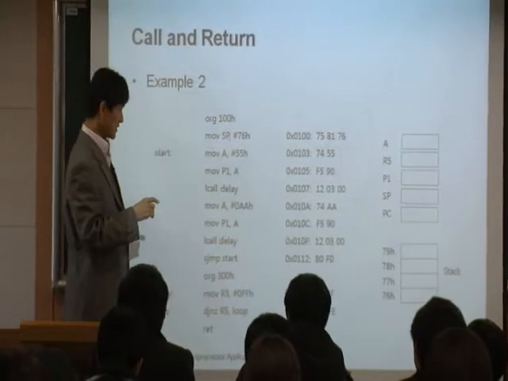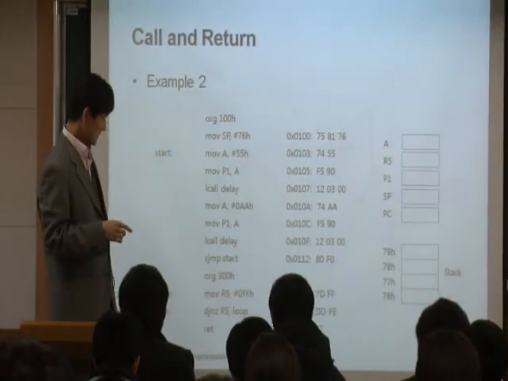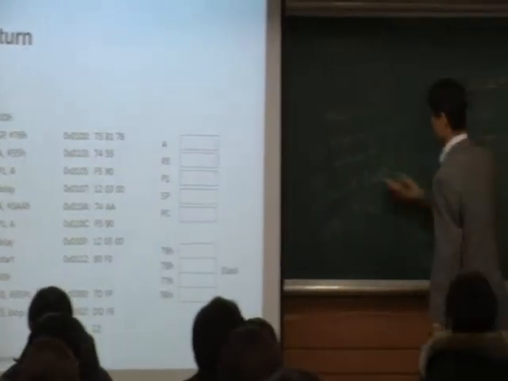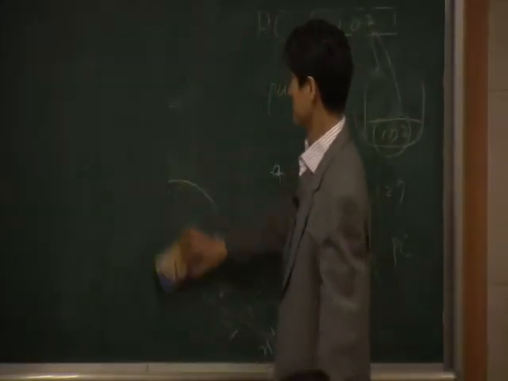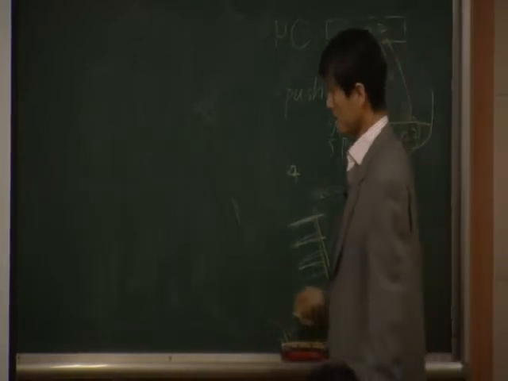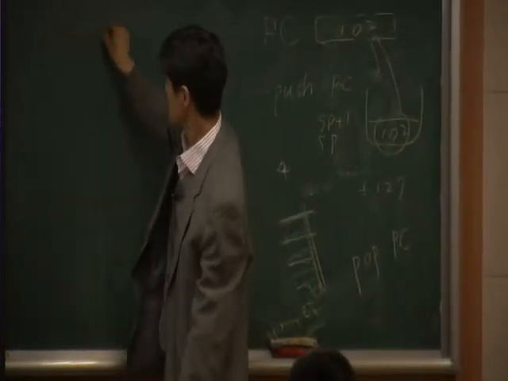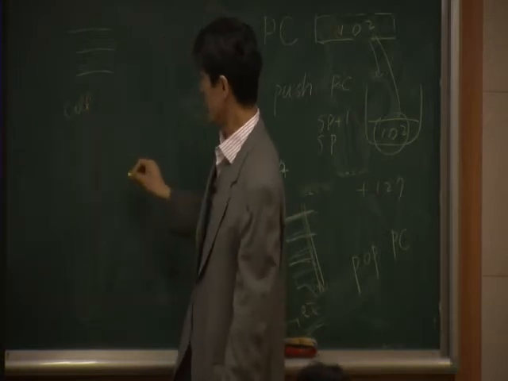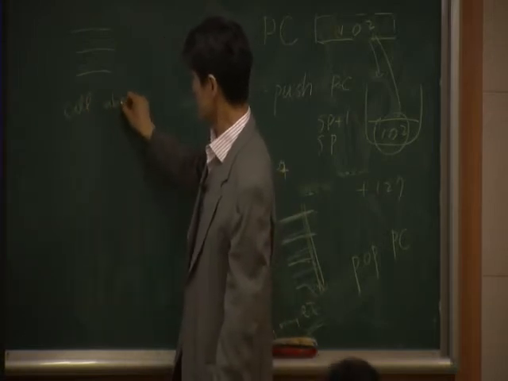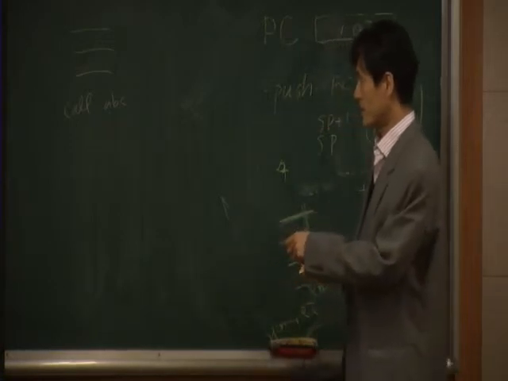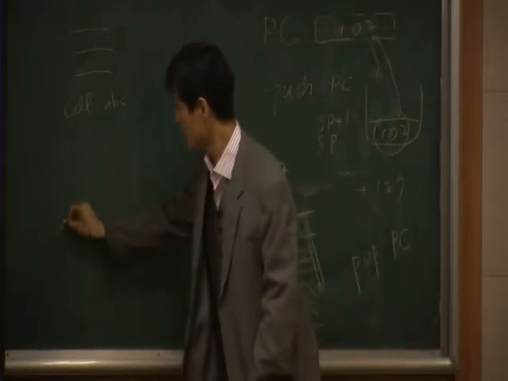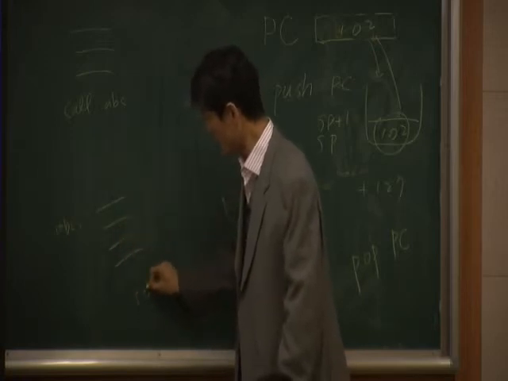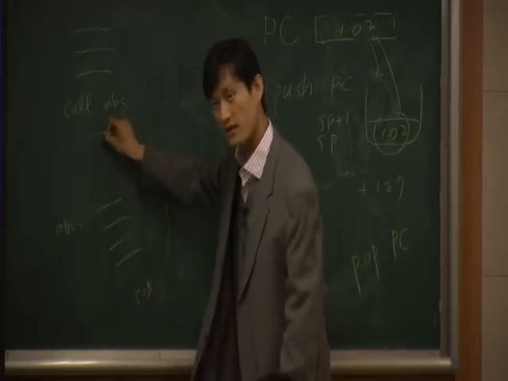Let me ask you one question here. What if let's say you have this code, you have your own code, and I say call ABC. This is my function, subroutine, and I have some ABC subroutine here. And whenever I have return, then I come back here, right?